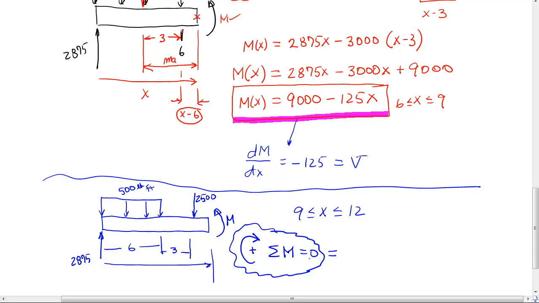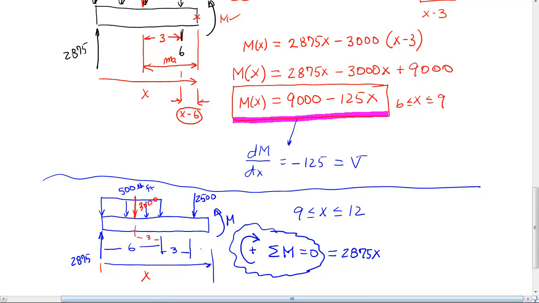Now, what is that? Well, it's 2875 times x. Again, same logic. This one is 3,000 pounds right here at 3 over. Well, what is that distance? That is x. And here's your problem.